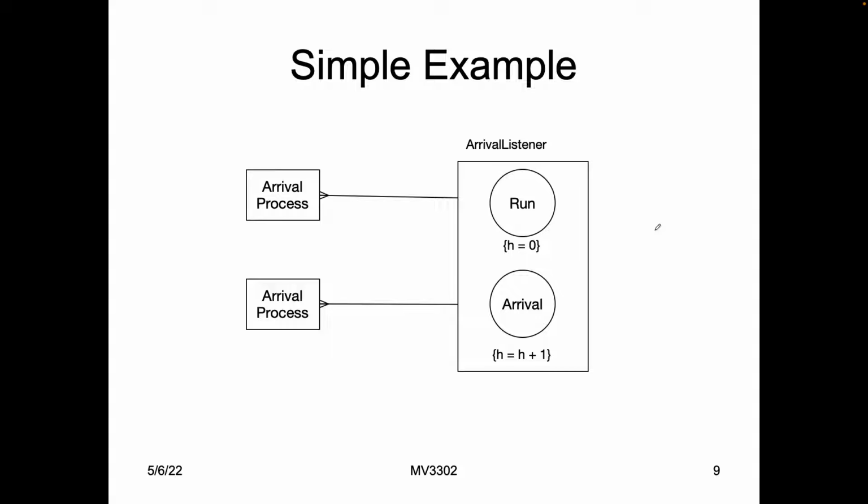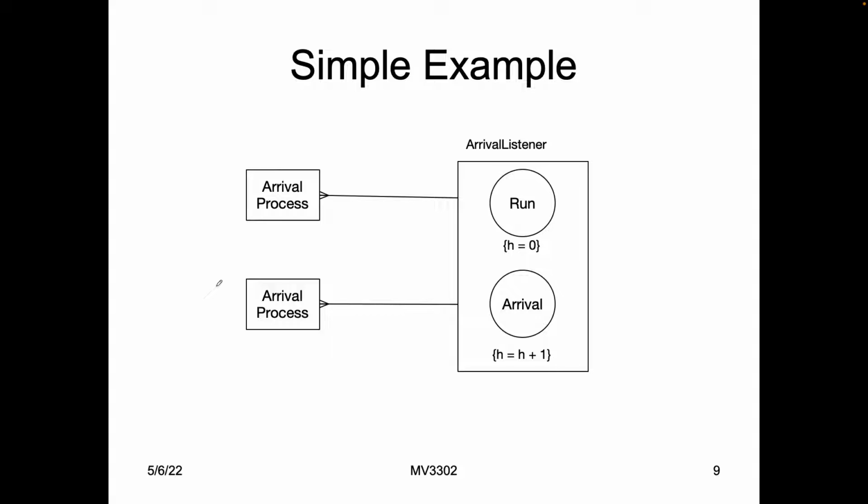So here's an example. We have our arrival process, and in this diagram, what these boxes are representing are instances. If we have two arrival processes, those could be two completely separate instances of an arrival process.